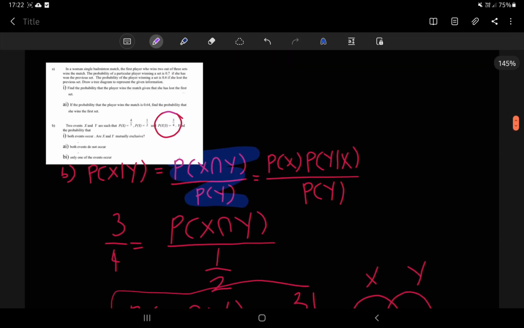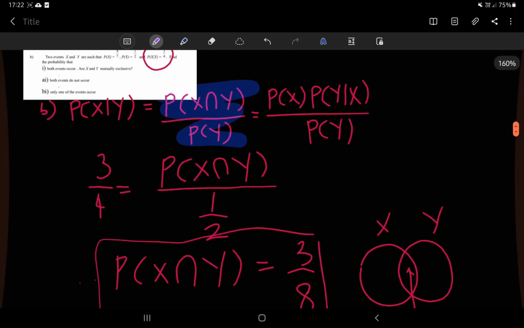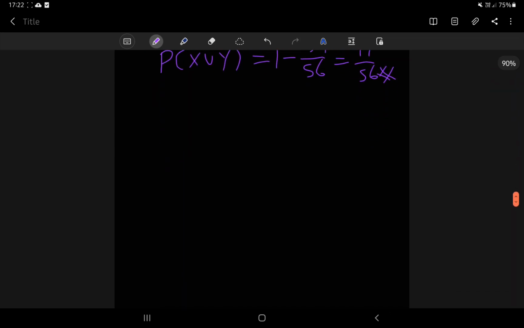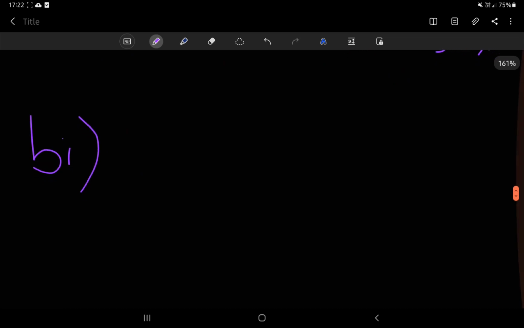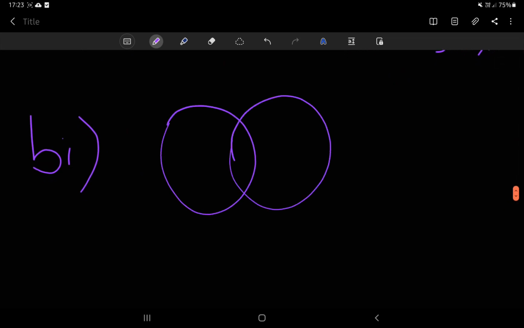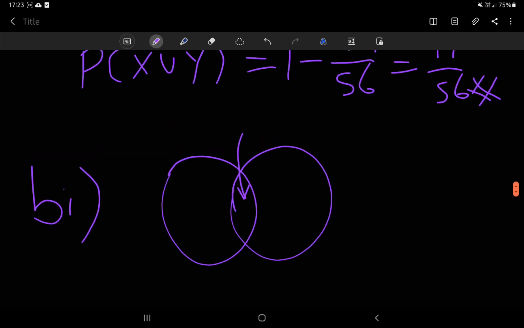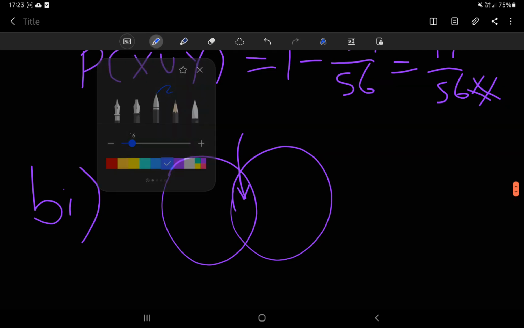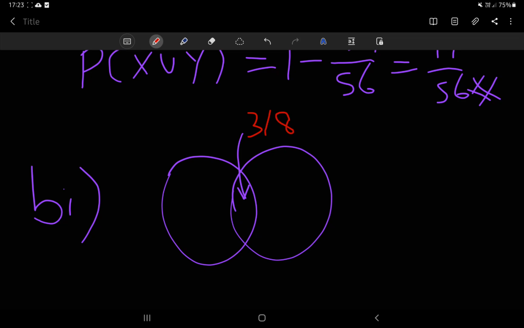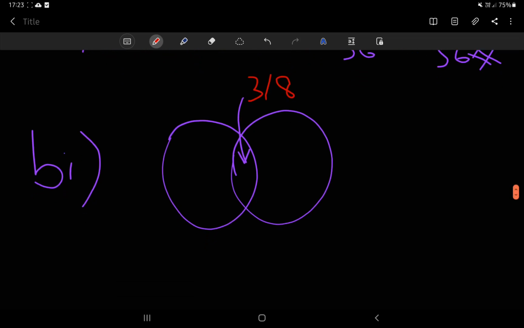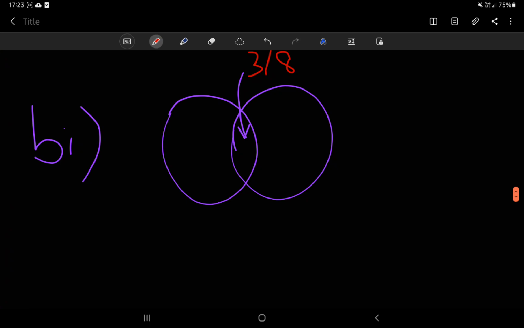The last one is B(iii). Only one of the events occurs, so this is easy. Only one occurs, so we know that the intersection is 3/8. This is X and Y, and we want to find the probability of X only.